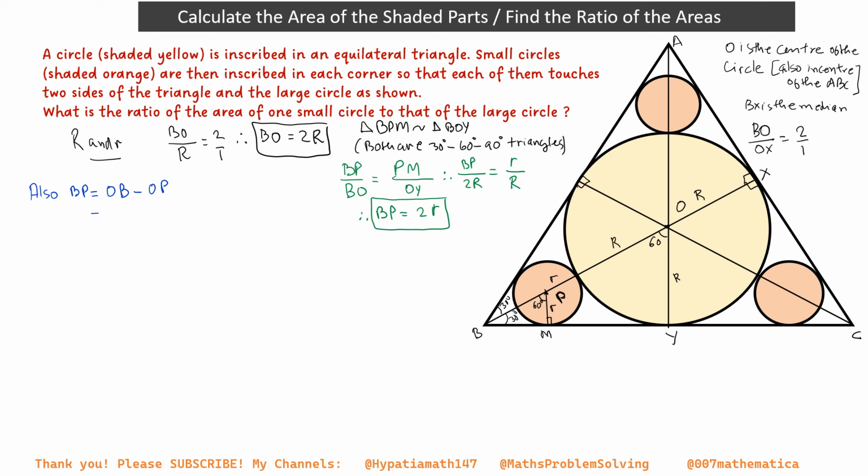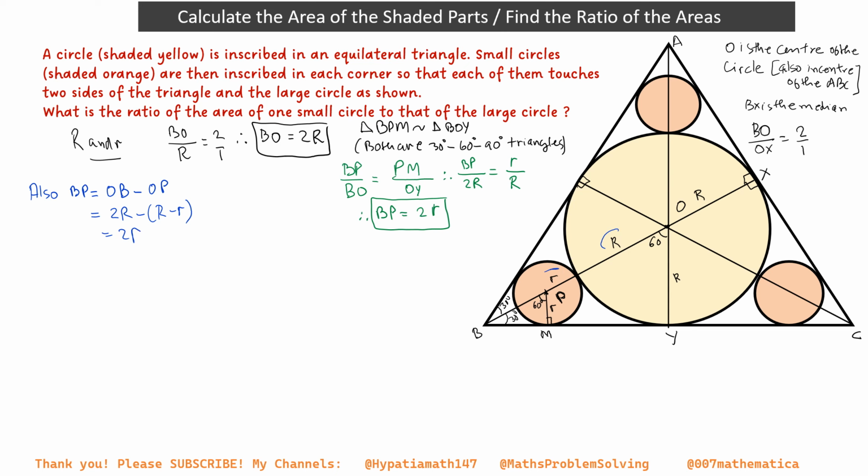I know what OB is. It is twice capital R, BO or OB. Here, yes, twice capital R minus OP, and I know OP is capital R minus small r.